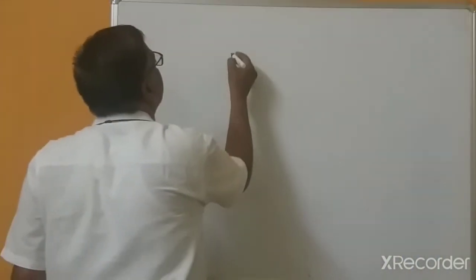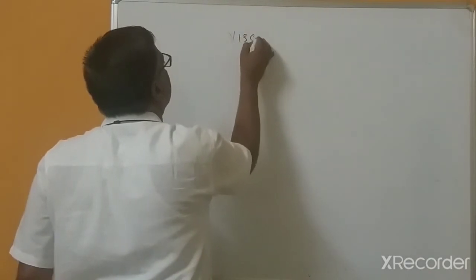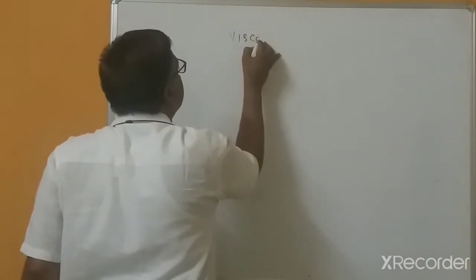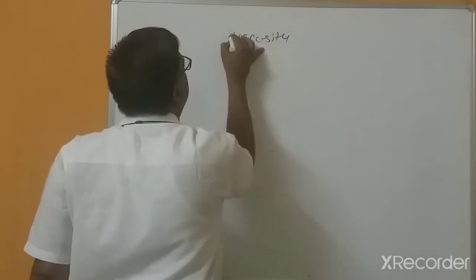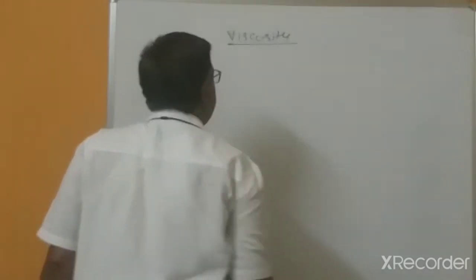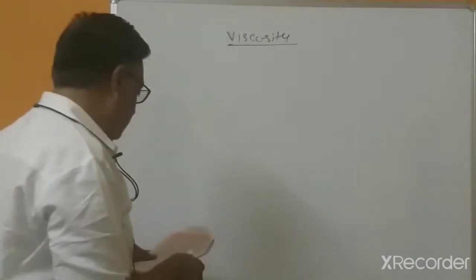So next is viscosity. What is the meaning of viscosity? That we will see. Next article is viscosity, and what is the unit of viscosity?